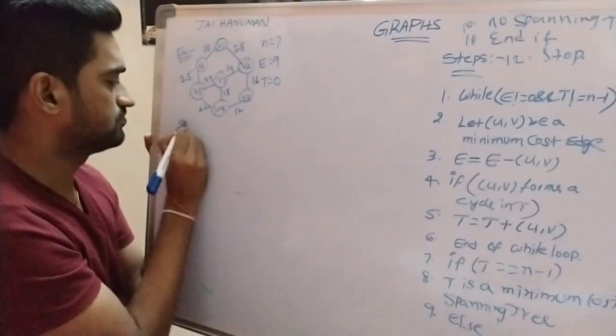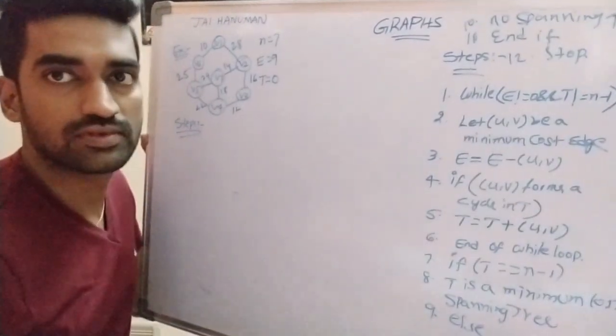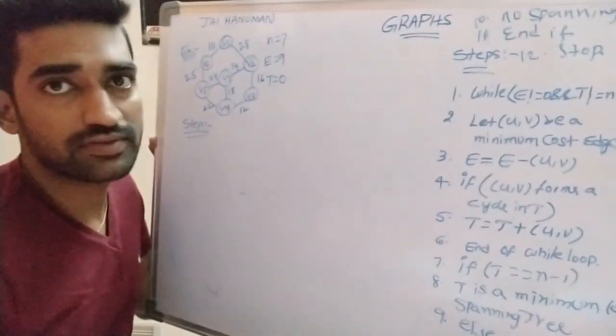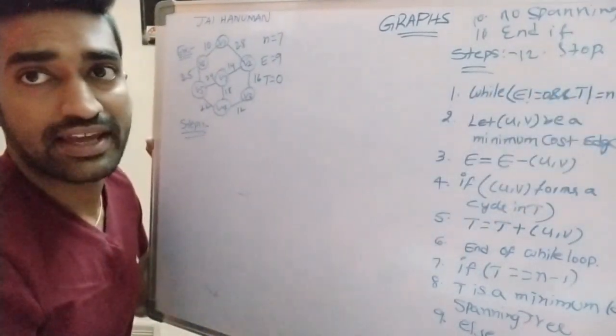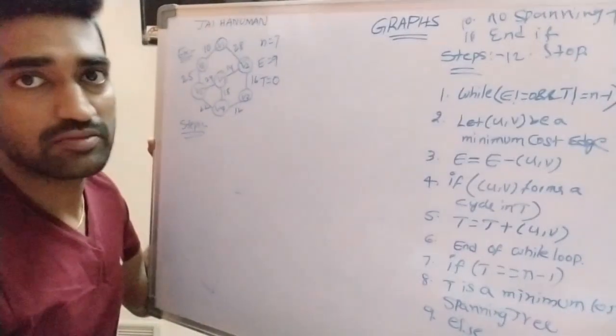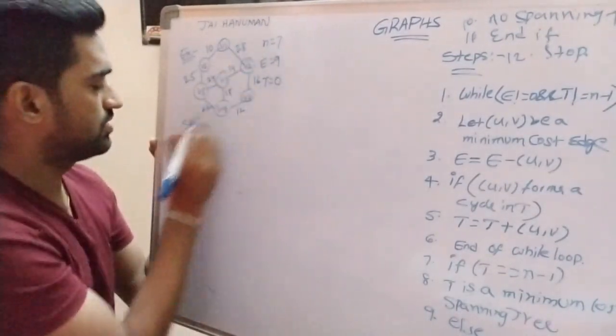So in step 1, what are we doing? First of all, while E is not equal to 0 and T is not equal to n minus 1. What is the E value? 9.